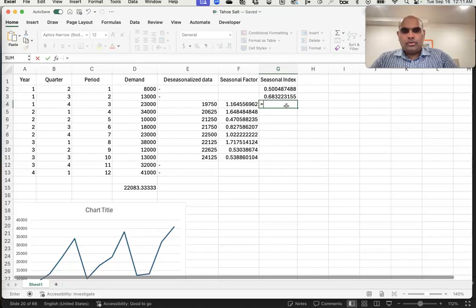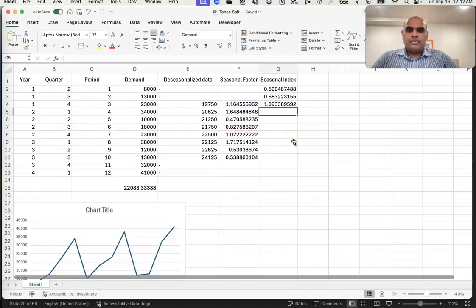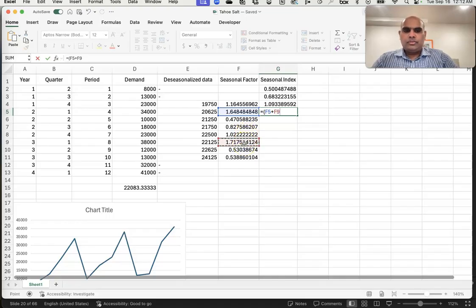So for season 4, this is going to be this number here plus this number here, that's season 4, right? Divided by 2, and finally this number here plus this number for season 1. And there you go.